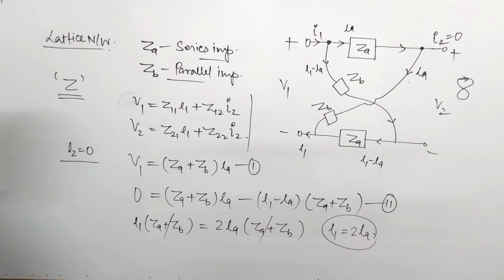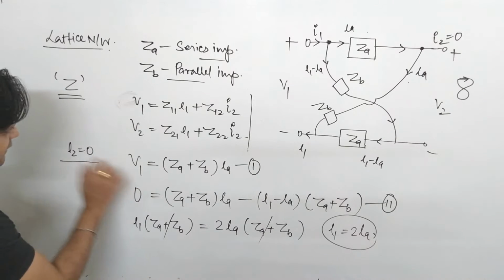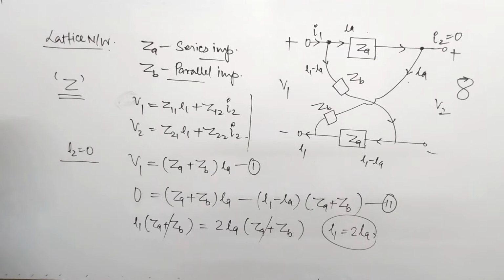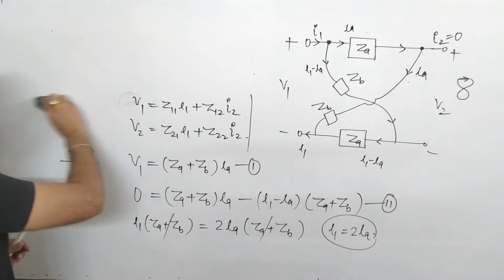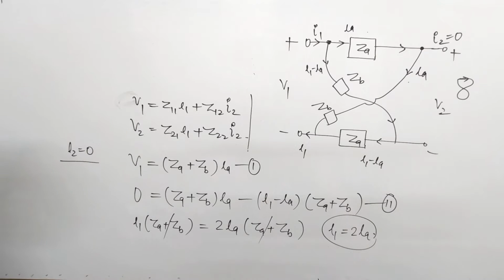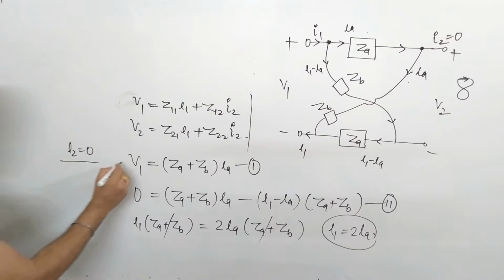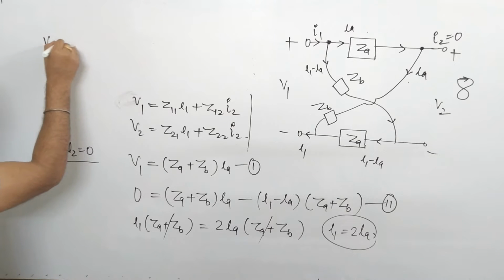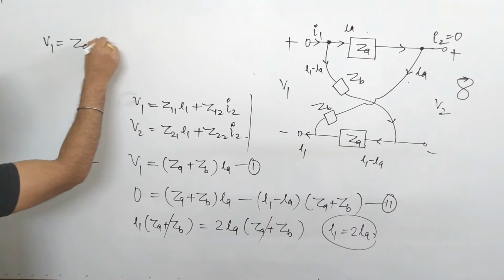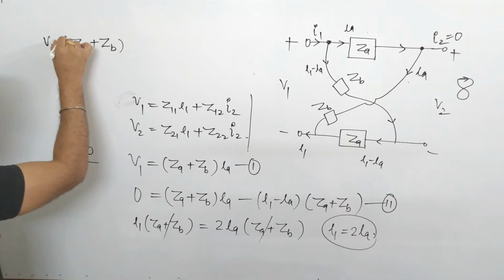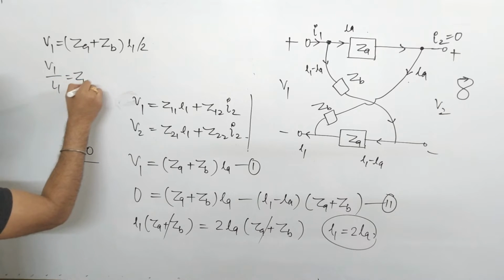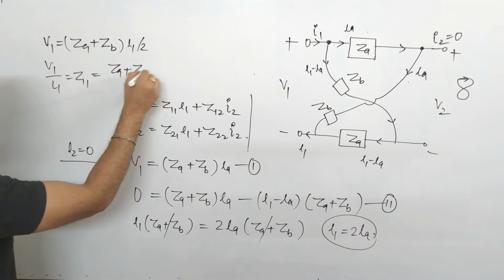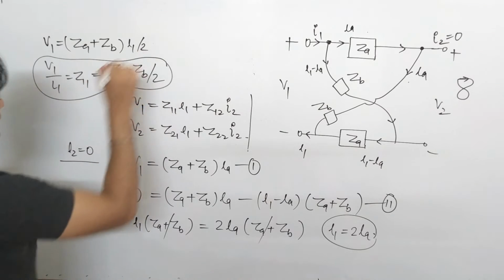Yes, if you put the value of IA as I1 by 2, you will get the first parameter. So from here, this V1 will become equal to ZA plus ZB into I1 by 2, or you can say V1 by I1, that is Z11, is ZA plus ZB upon 2, which is your first parameter which we have identified.